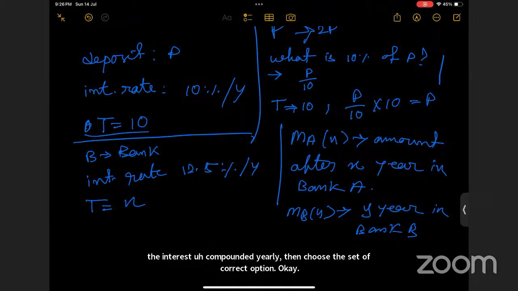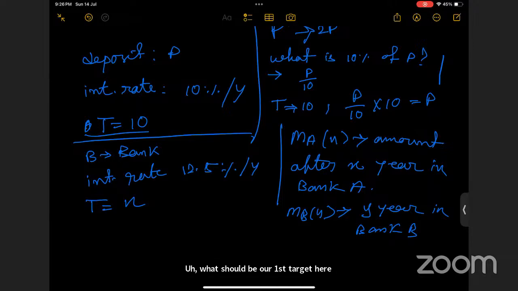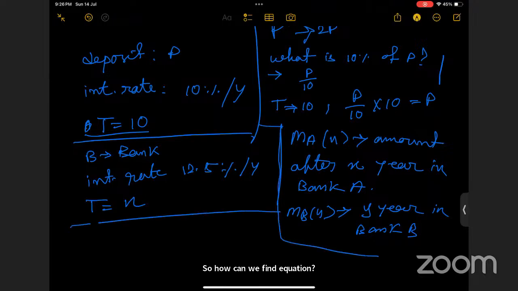So what should be our first target here? We should find some equation for MA and MB, right? Yes, to find whether it is one-to-one or not. So how can we find the equation for MA and MB with the given things?